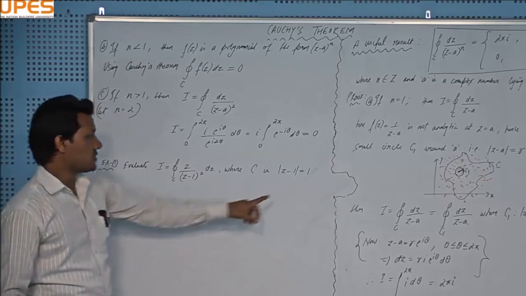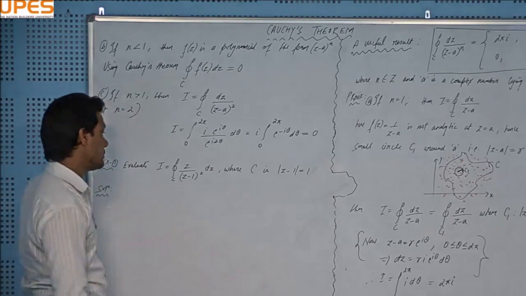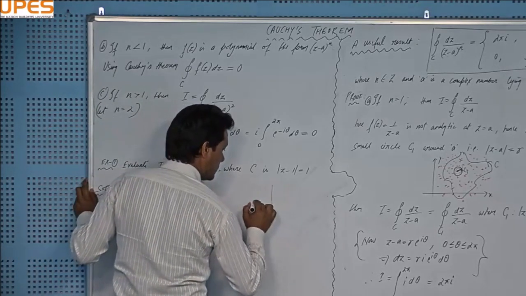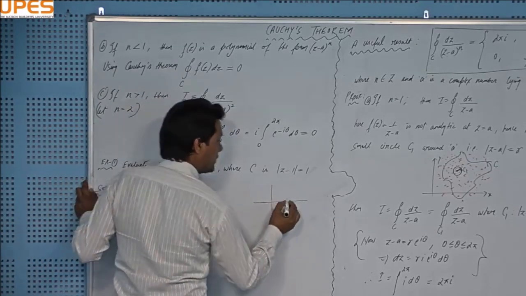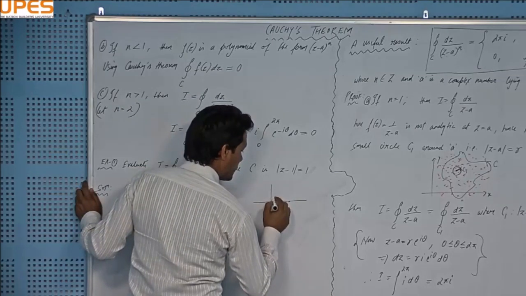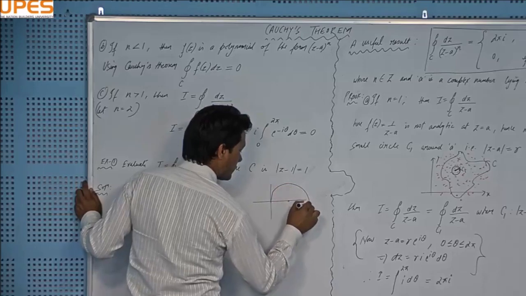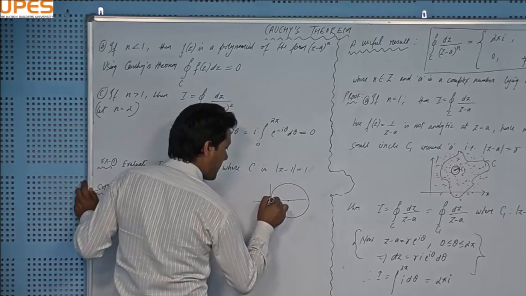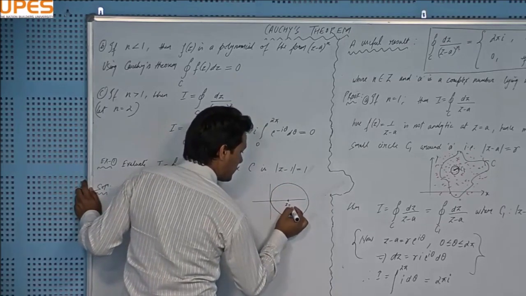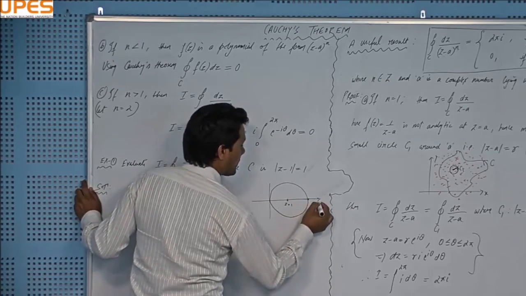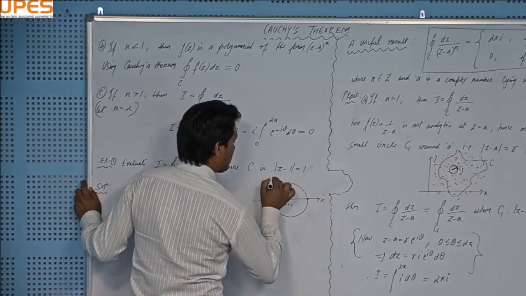The first thing is to draw this curve C, right? The circle is centered at 1 and the radius is equal to 1, so this is the curve C. This point is z equal to 1, and obviously this point will be z equal to 2, fine. This is the X axis and this is the Y axis.